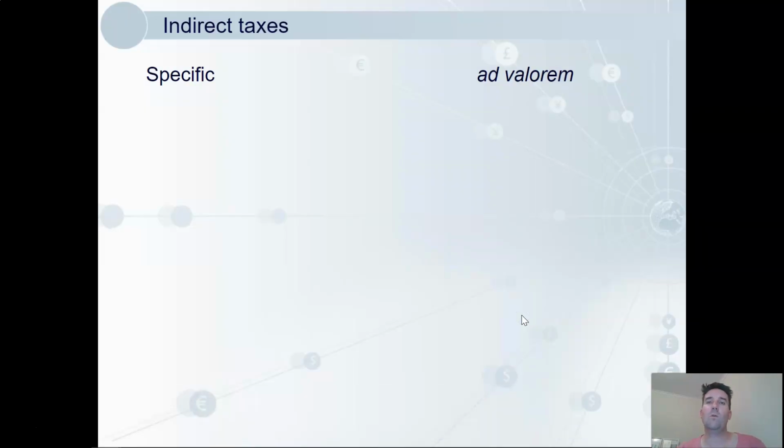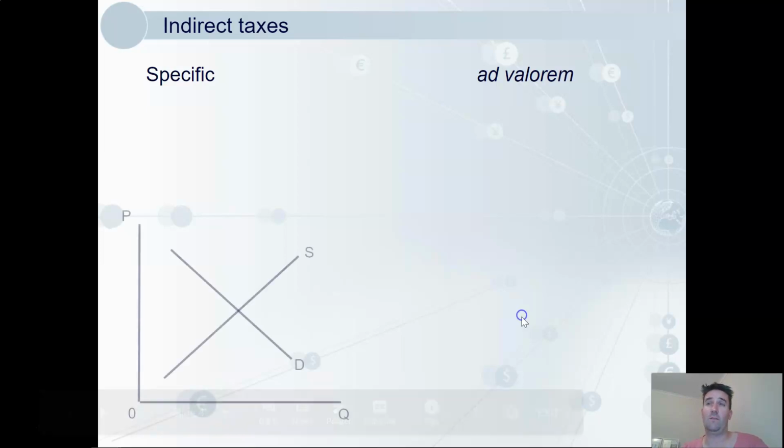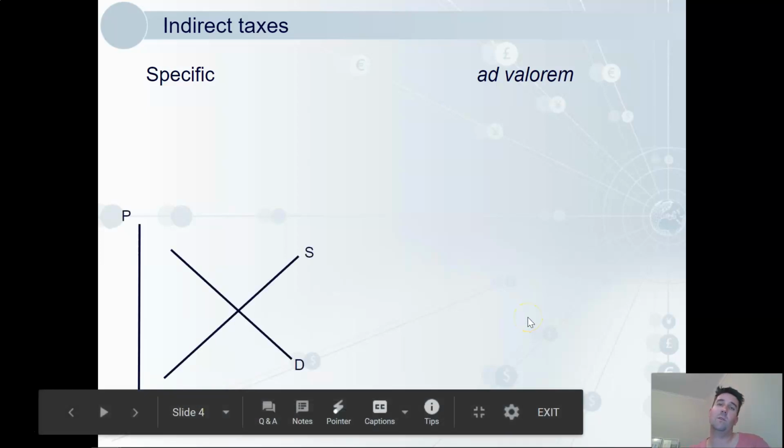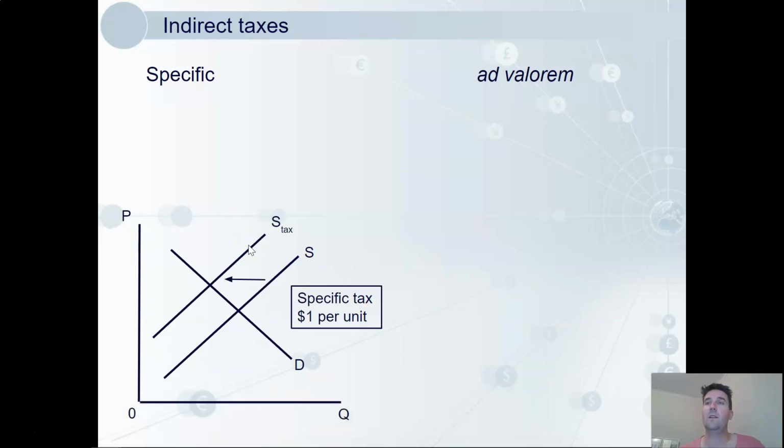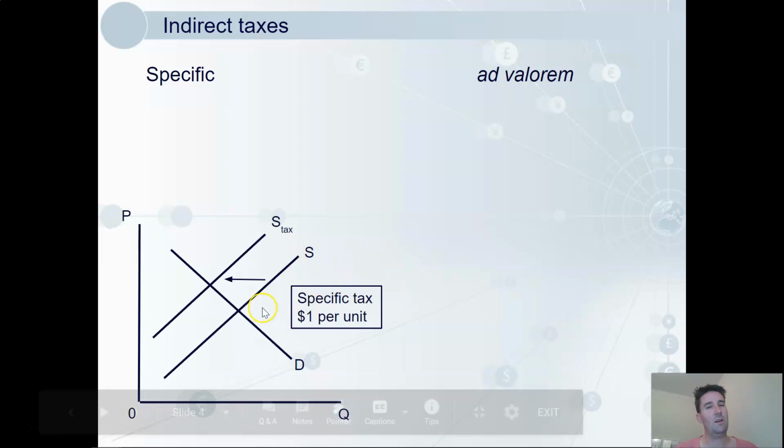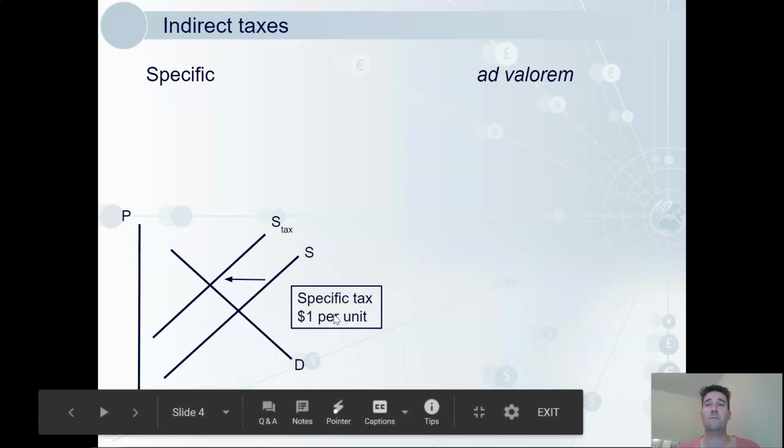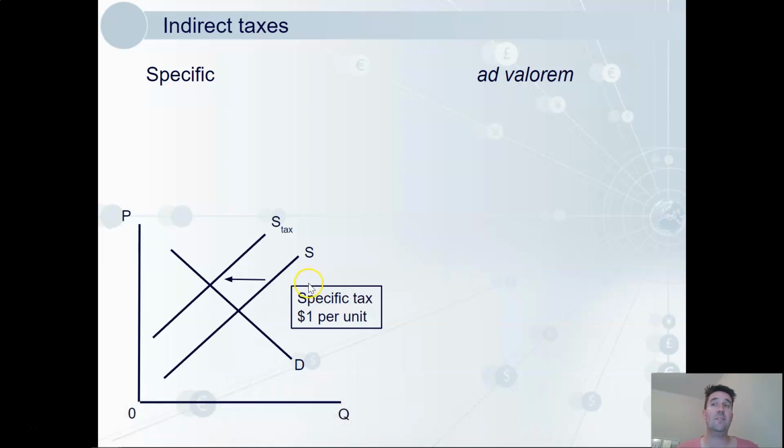Now, we already know that a tax will shift the supply curve left, and we've been drawing the new supply curve as a parallel line, just like that. Now we learn that it's not always parallel. Firstly, they stay parallel when a specific tax is applied. A specific tax is a fixed amount per unit, say $1 per item sold. So the producers are willing to supply less at each price as they have to give their $1 per unit to the government.